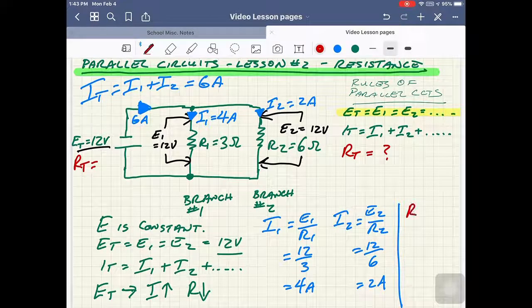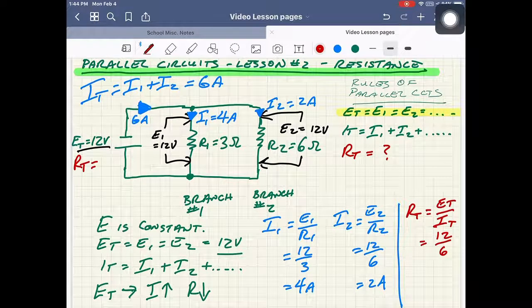RT using ET divided by IT, we got 12 volts divided by 6 amps is going to give us a resistance of 2 ohms.